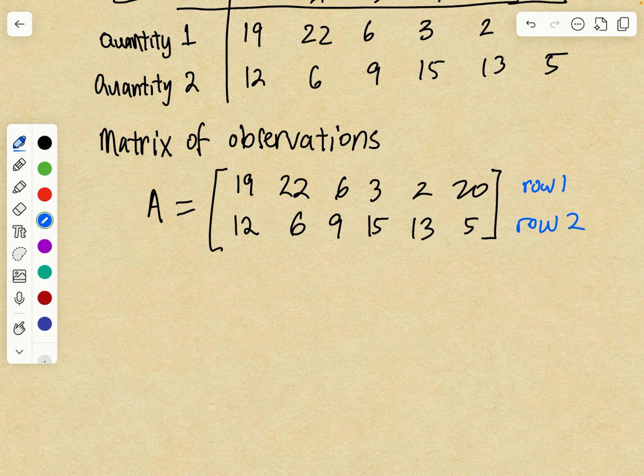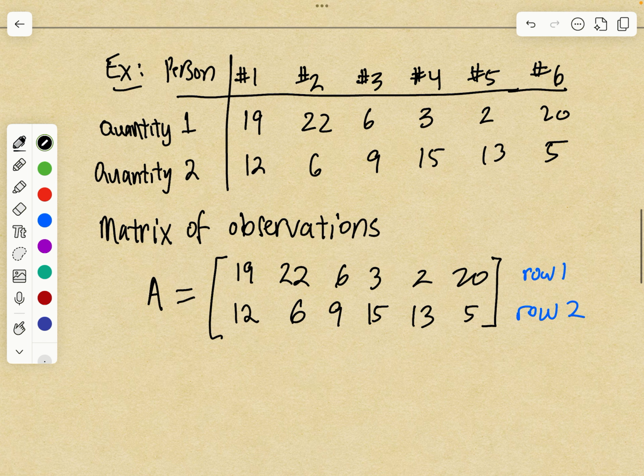Now, here I have a sample of n equals 6 people.